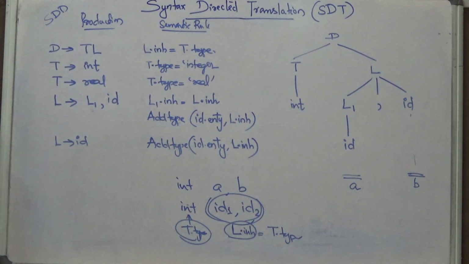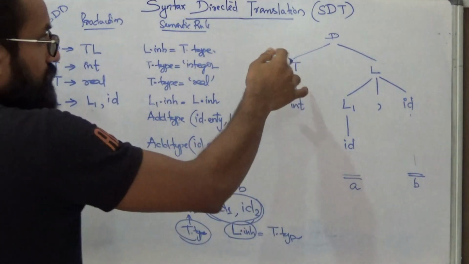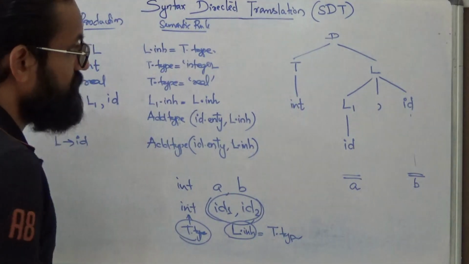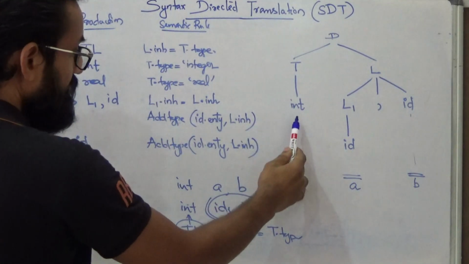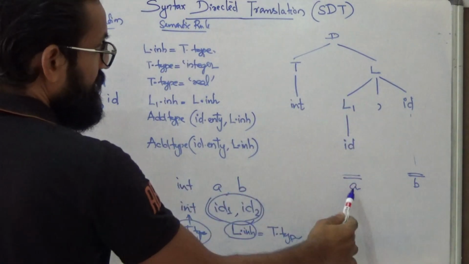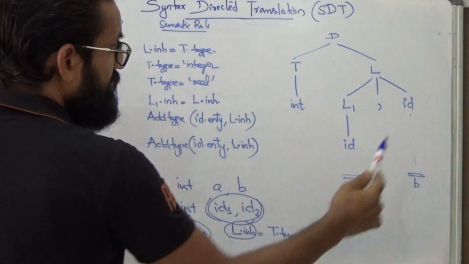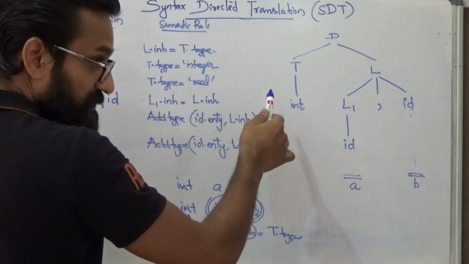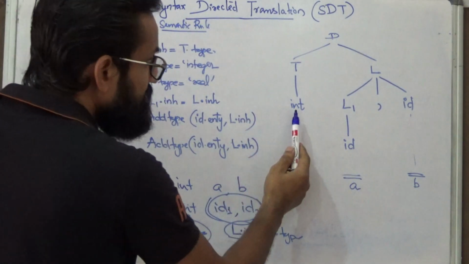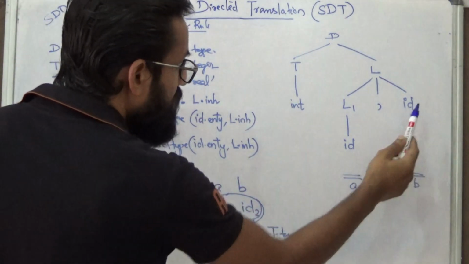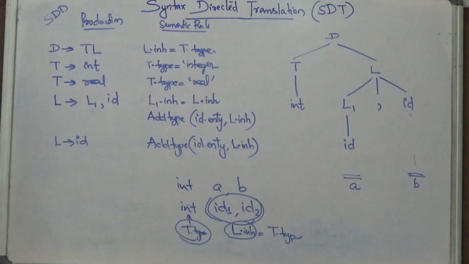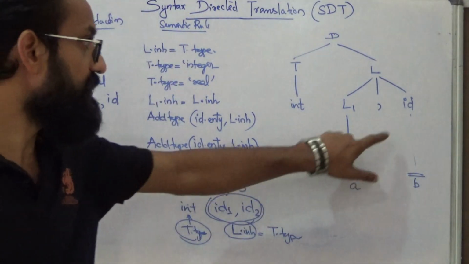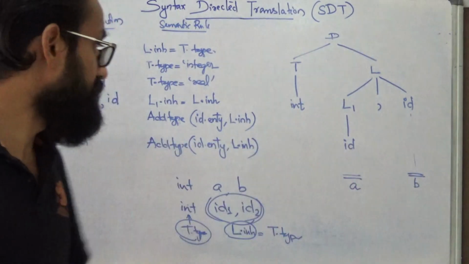Now what happens while processing this particular parse tree? Here you have int a comma b. If we consider the yield of the parse tree, it is int id comma id, and the lexeme associated with this id is a and that of this id is b.